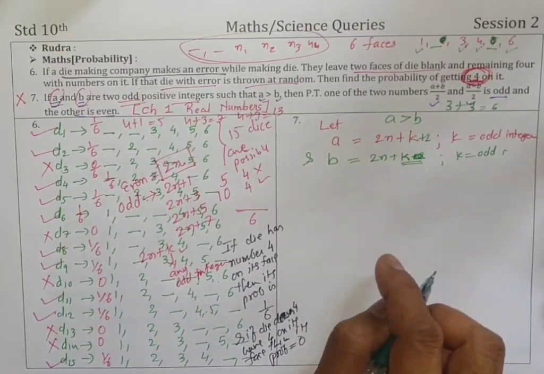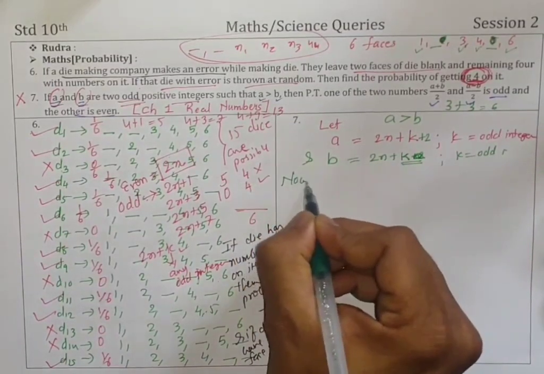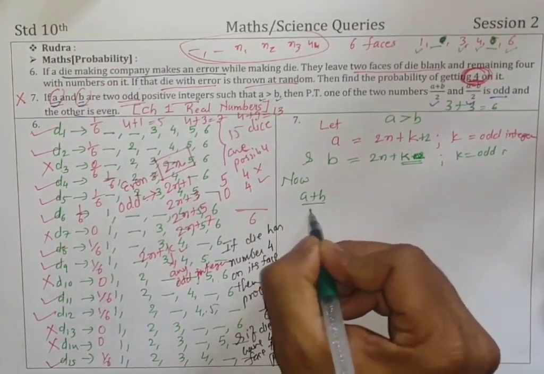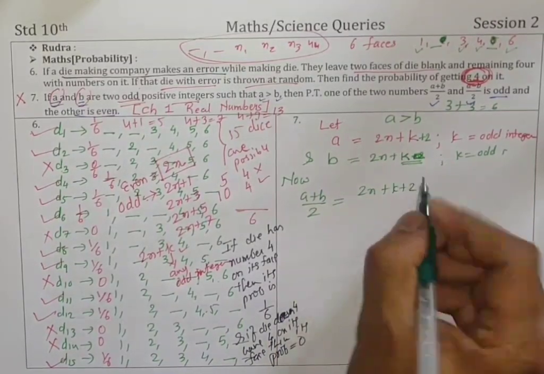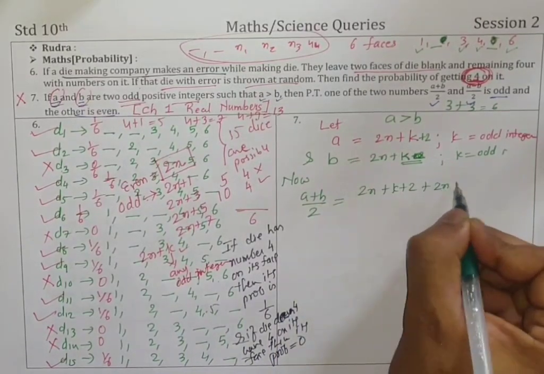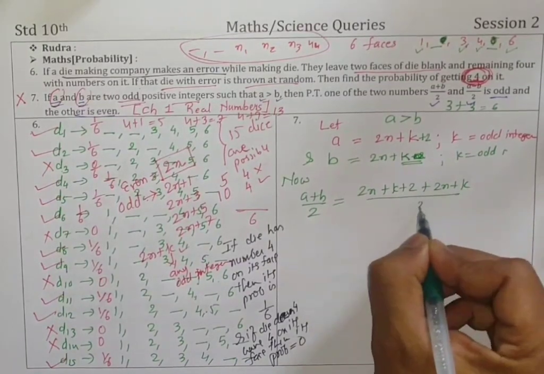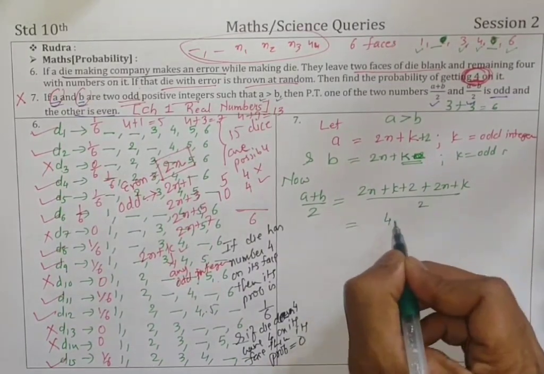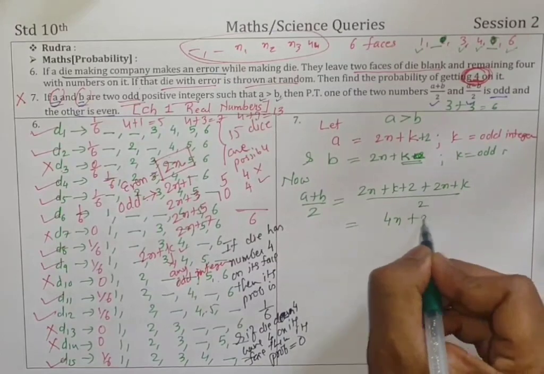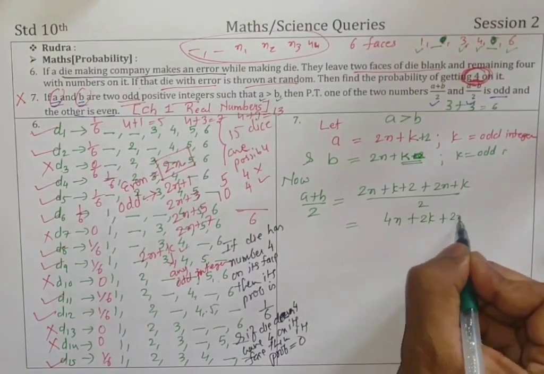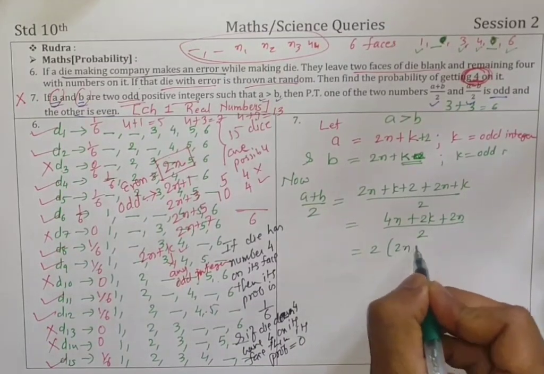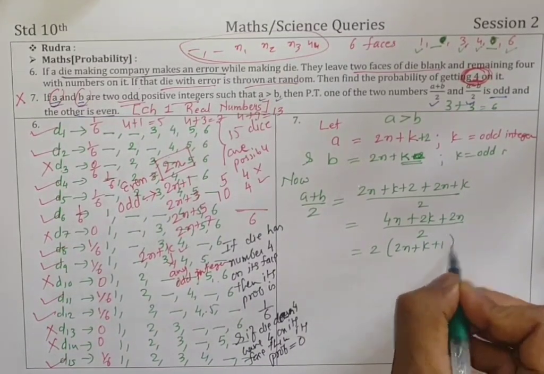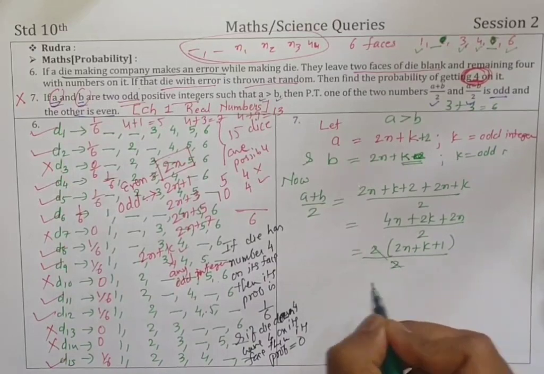So A is bigger. All right, now see, A plus B upon 2 is equal to what is A? 2n plus k plus 2 plus 2n plus k, whole upon 2. 2n plus 2n is 4n, k plus k is 2k, plus 2, whole upon 2. 2 is common: 2n plus k plus 1, whole upon 2. 2 cancels.